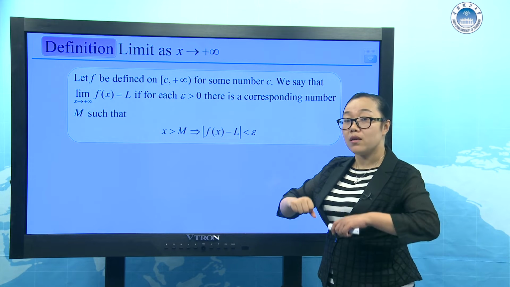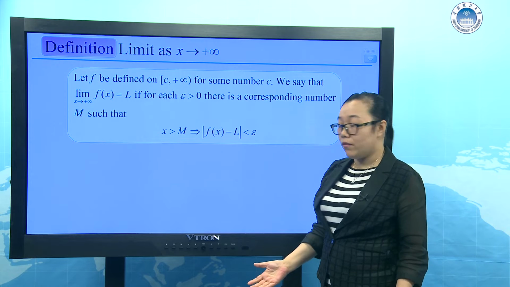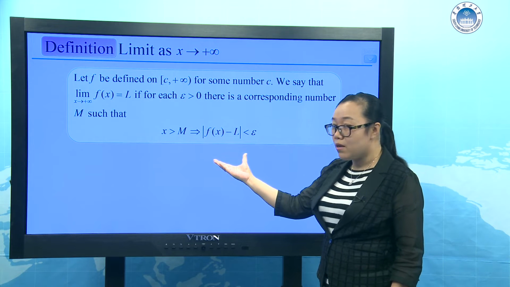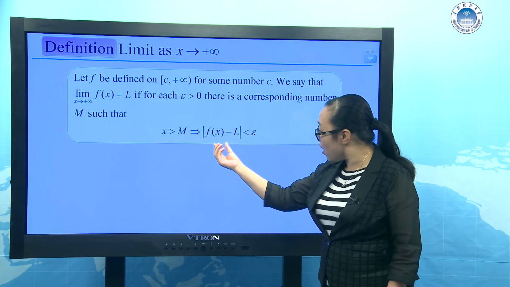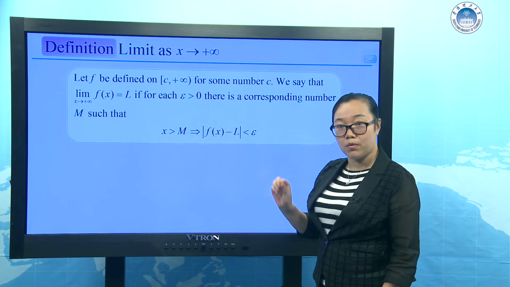This means x is changeable, tends to positive infinity. Anyway, the absolute value means the distance of f(x) and capital L is as small as possible.